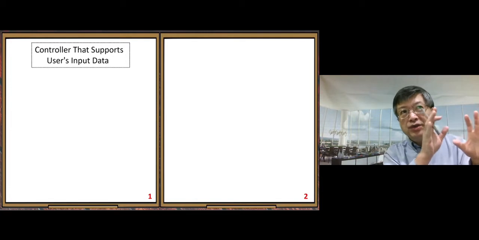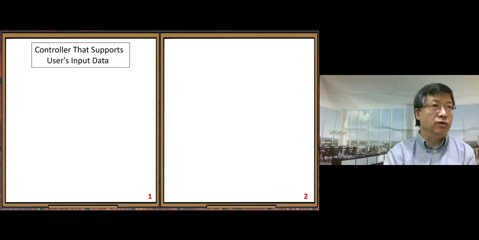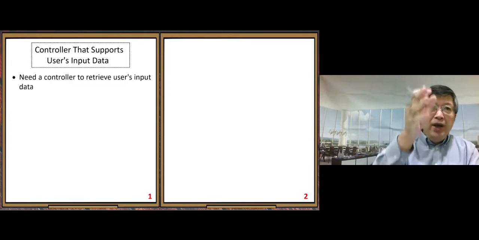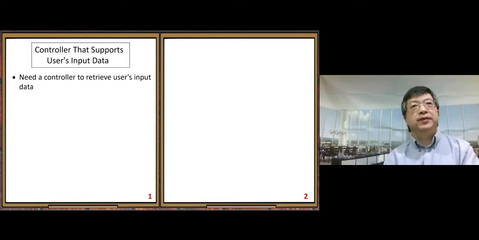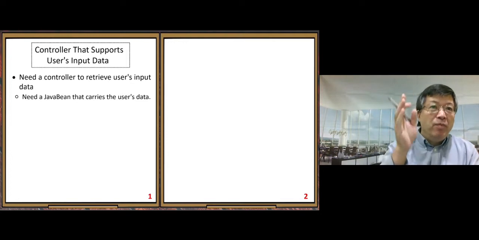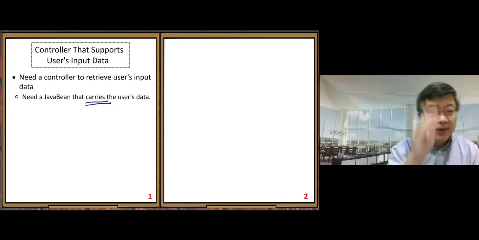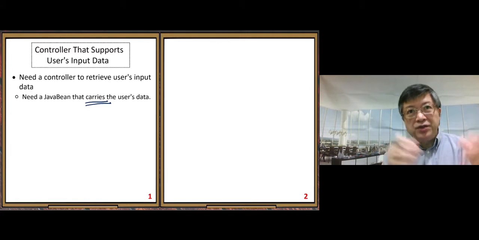So we have to use a different, new Spring controller. We need a controller to retrieve users' input data. And we need a Java bean that carries users' data. So you can see a lot of preparation things we need to do.